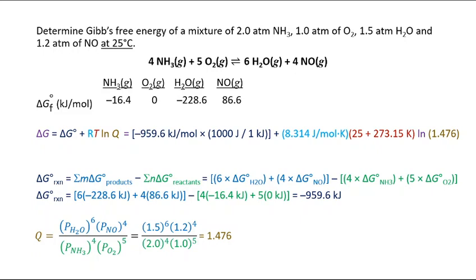And so when we go through and do this, the other thing I have to point out is that for my standard free energy that I calculated, I typed out negative 959.6 kilojoules. Whenever I plug it into this equation for the delta G, I plug it in as kilojoules per mole.